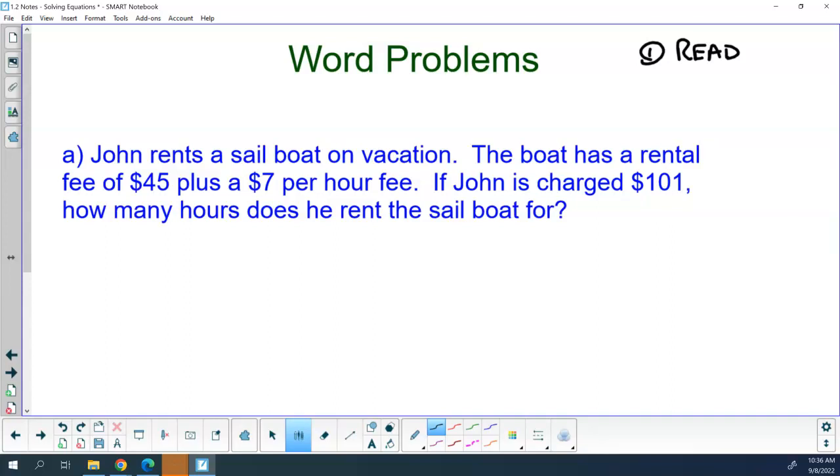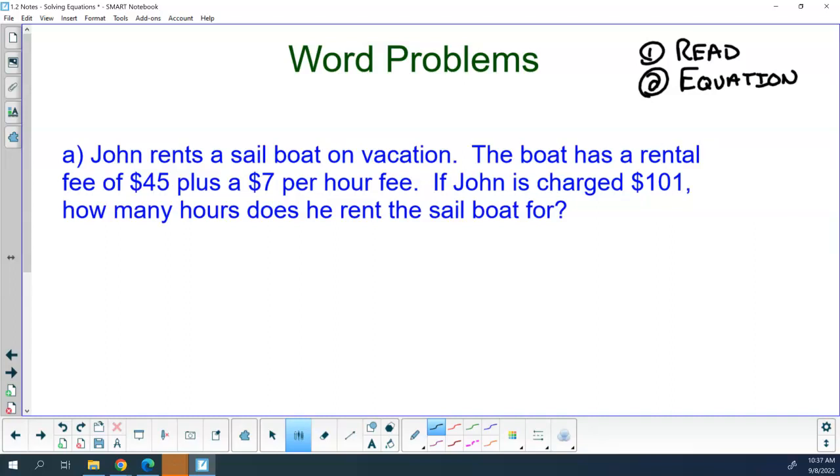The next thing that we should do, because we're in the maths class, is we should come up with some kind of an equation with variables. And we should define what those variables are. So what are we looking for?